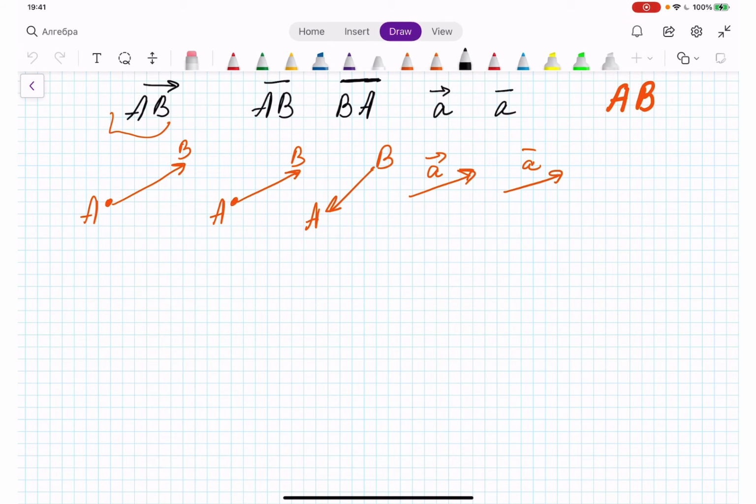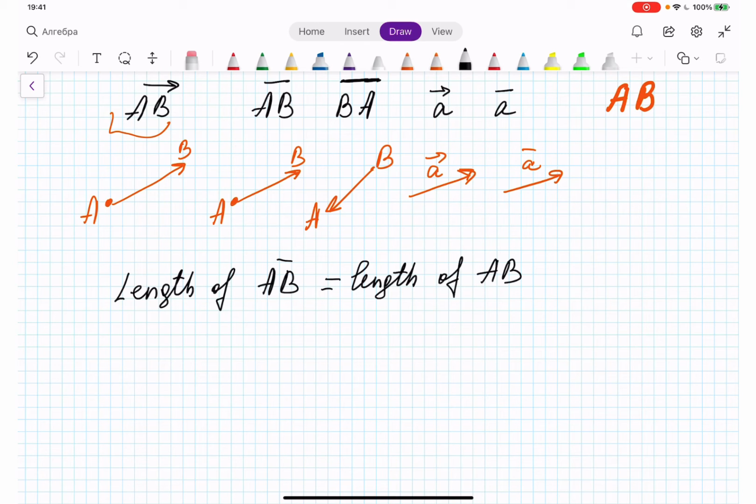The length or modulus of a non-zero vector AB is equal to the length of segment AB. Okay? The length of the zero vector, by the way, which vector do we call zero?